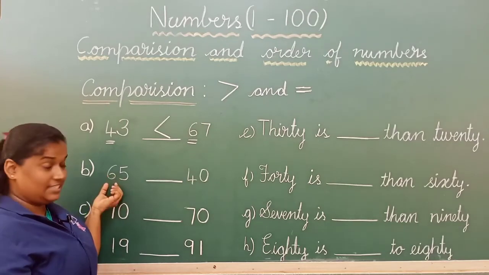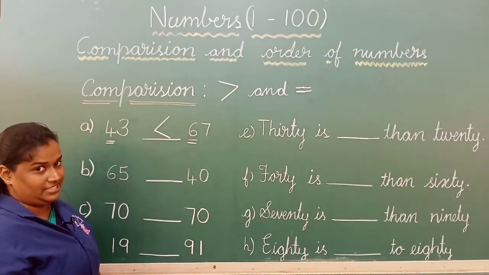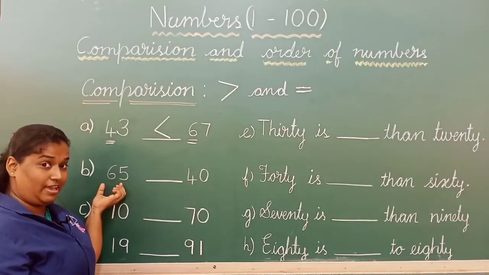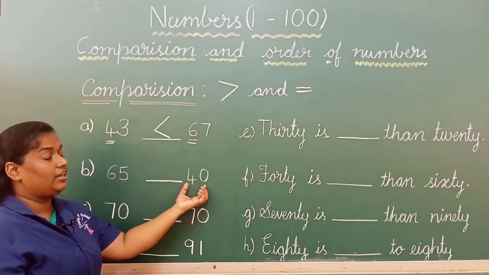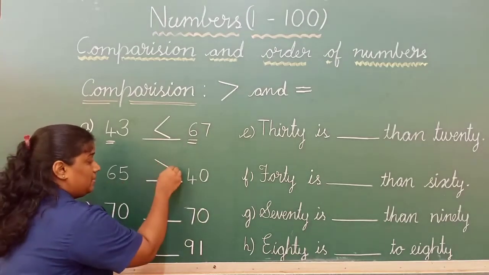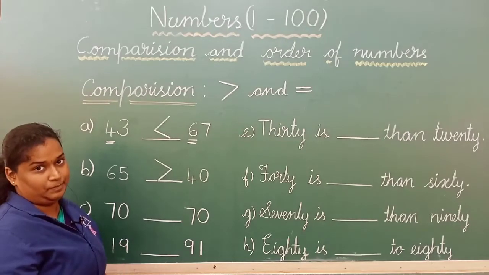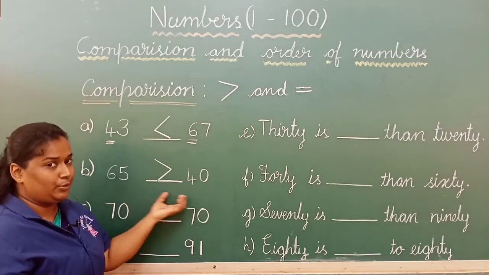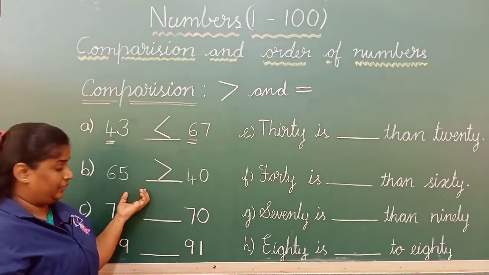Very good. 6 tens is greater than 4 tens. So here 65 is greater than 40. So 65 gets the open side of the symbol. I hope you understood how to compare two-digit numbers.